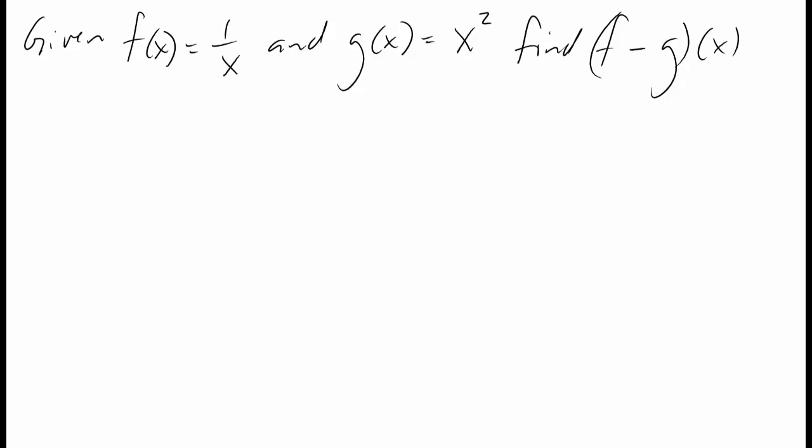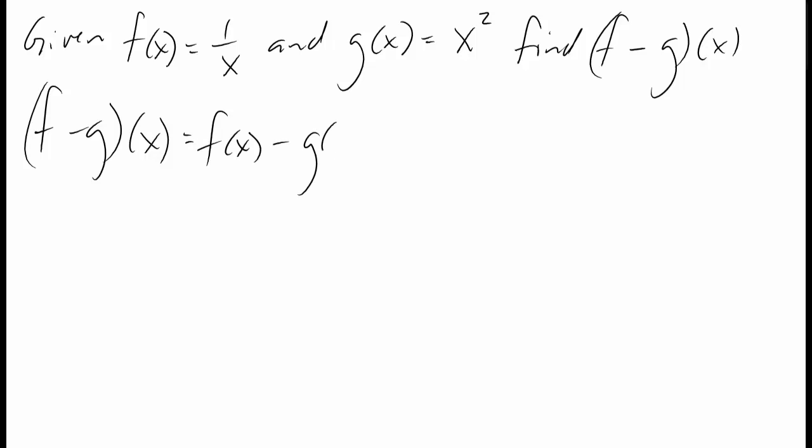So here we've been given f of x equals 1 over x and g of x equals x squared. Now we're asked to find f minus g of x. F minus g of x is equal to f of x minus g of x.